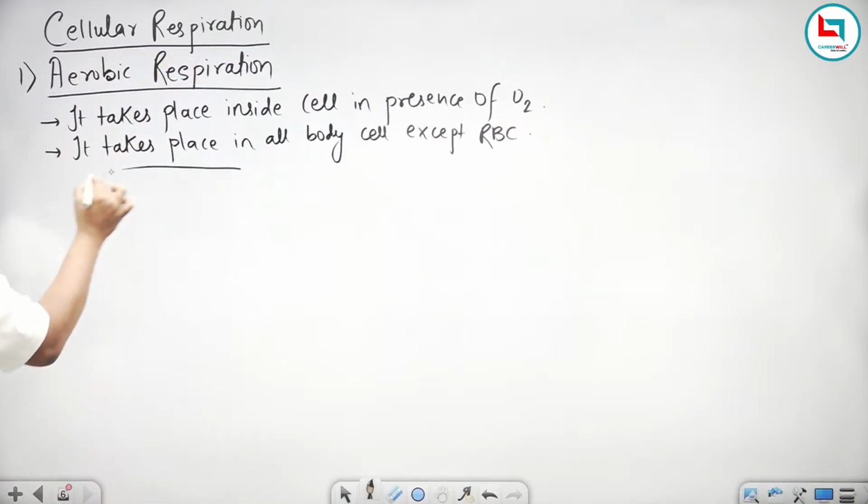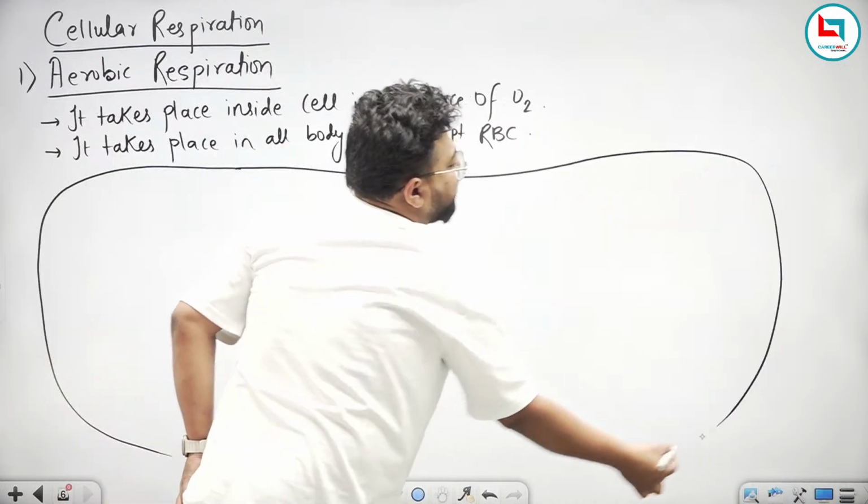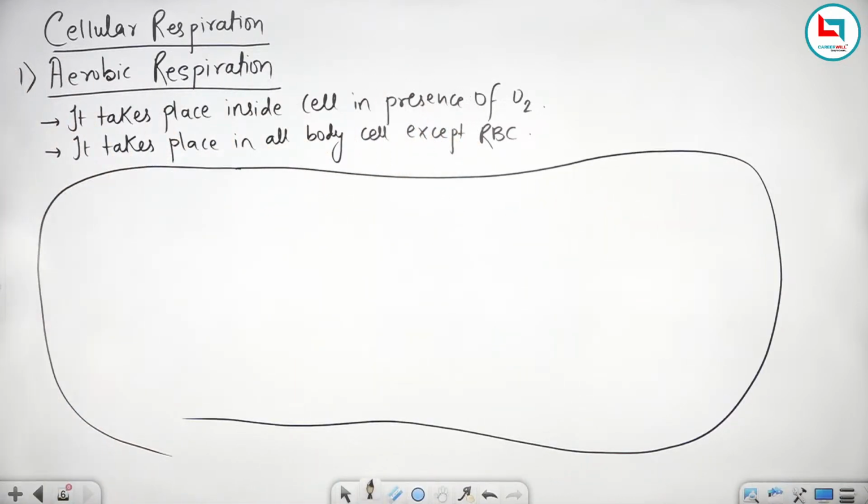So I am drawing a single cell of the body. It can be the cell of the skin, the muscles, the bone, the brain, the heart, the lungs, the kidney, whatever the cell it is. Every cell performs cellular respiration.